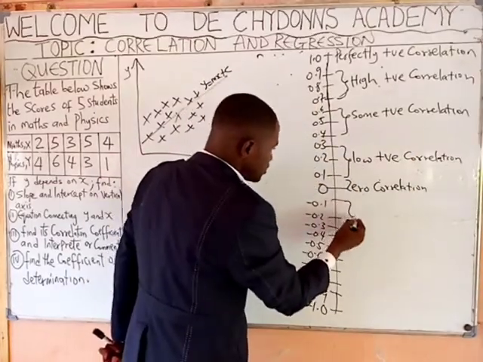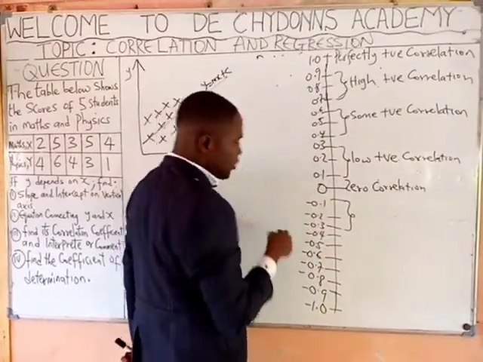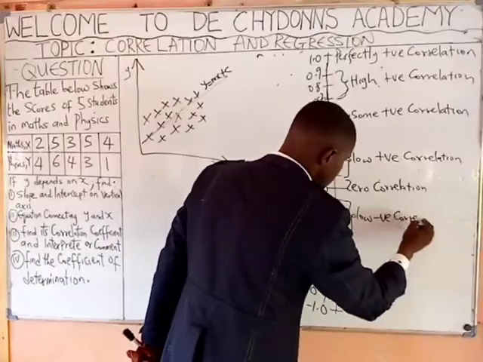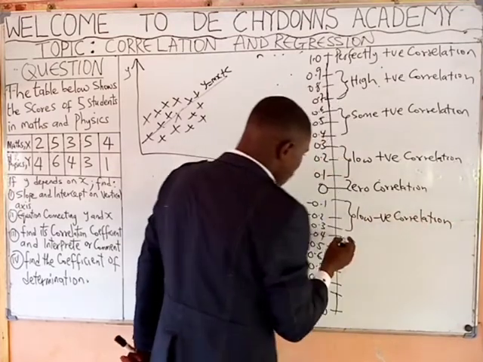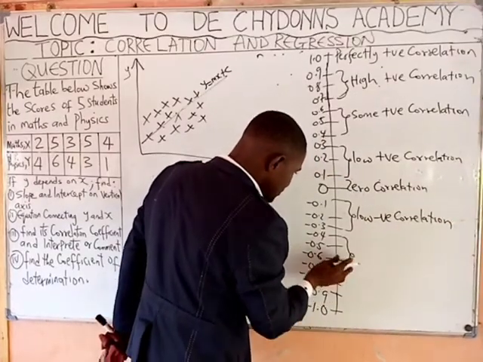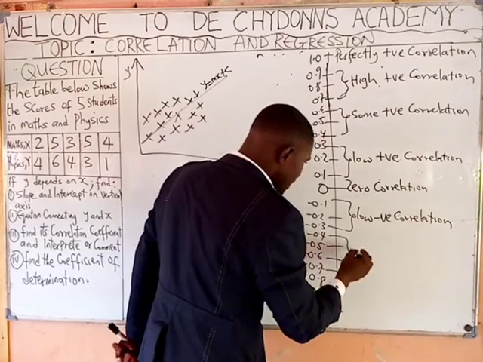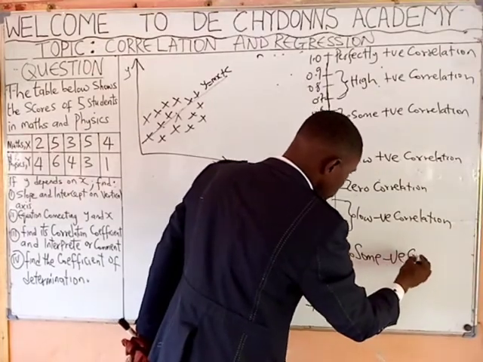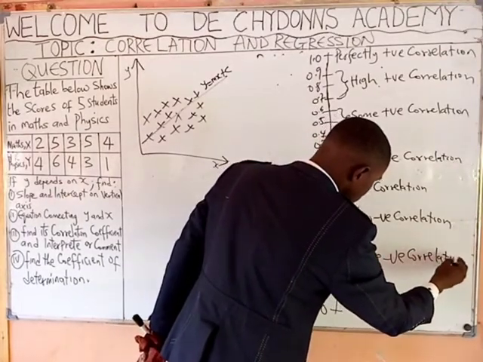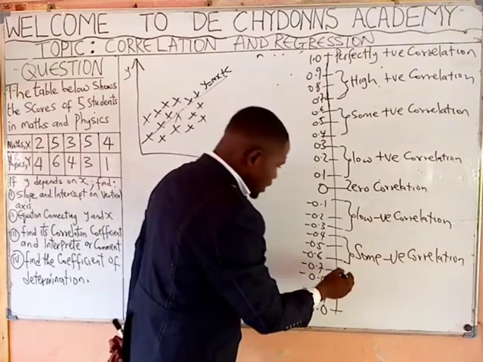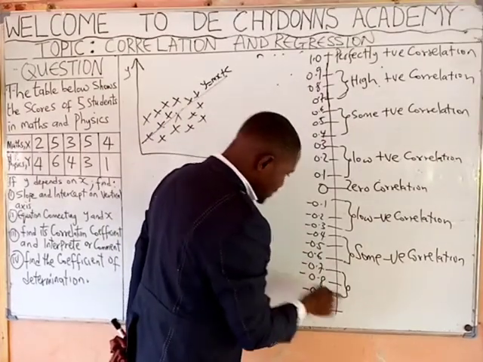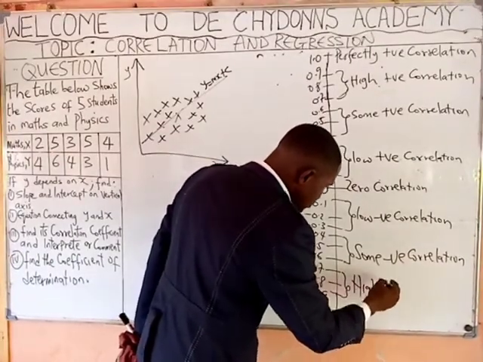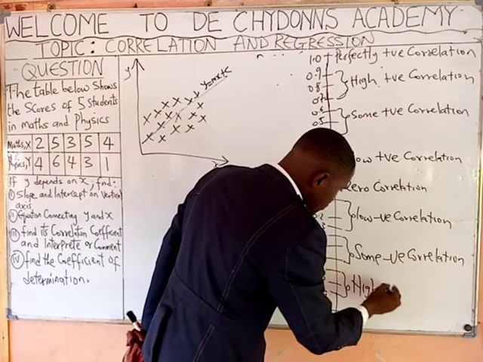Then when it is between minus 0.1 and minus 0.3, you say it is low negative correlation. When it is between minus 0.4 and minus 0.6, we say there is some negative correlation. When it is between minus 0.7 and minus 0.9, you say there is high negative correlation.